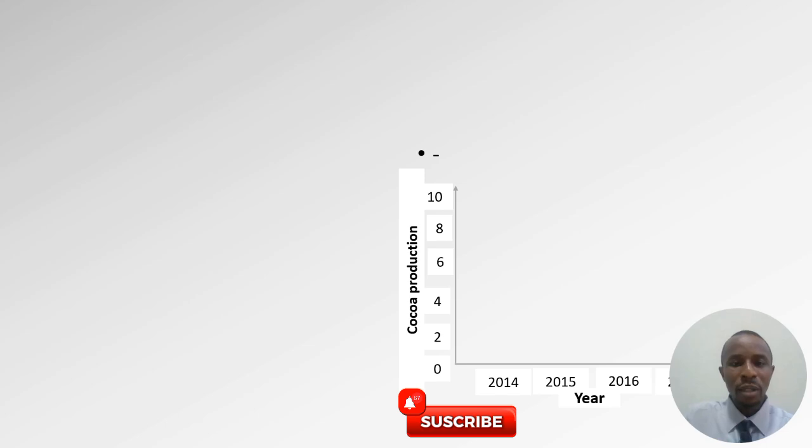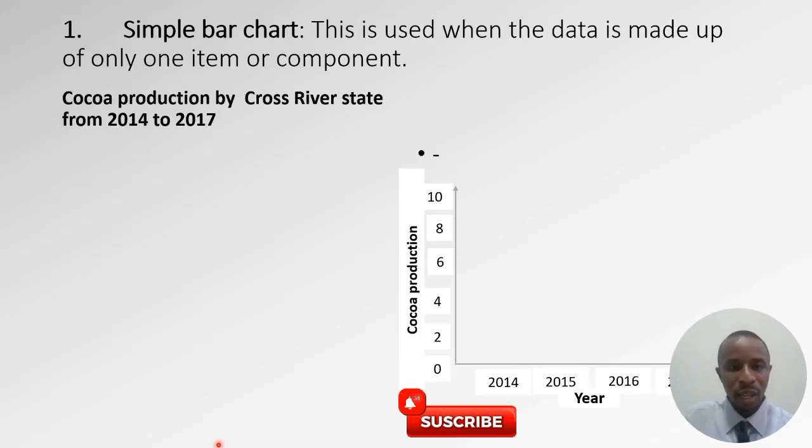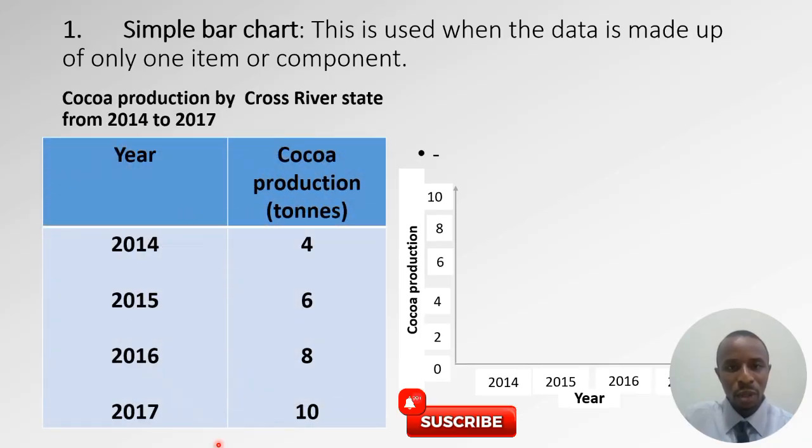A simple bar chart is used to represent an information that contains just one category of data or one variable. I'm still going to use cocoa production, just like I used in that line graph. Cocoa production by Cross River State from 2014 to 2017. Now you pick your pencil and ruler as well.